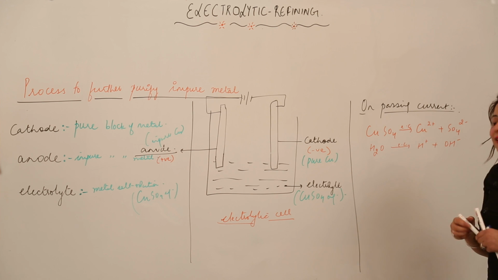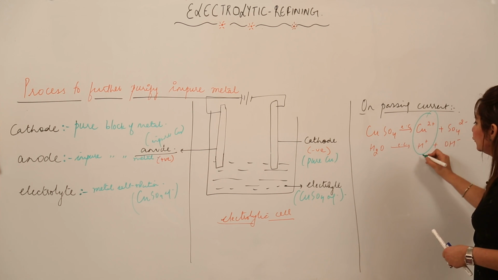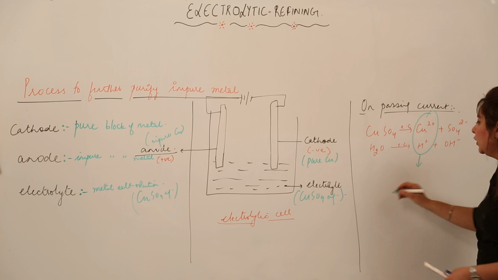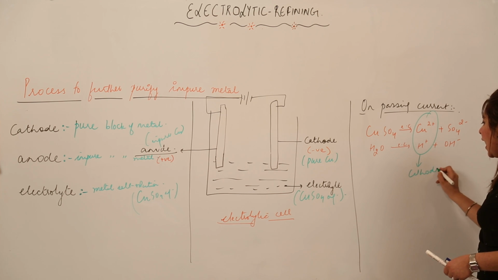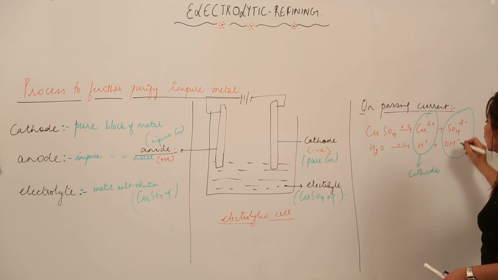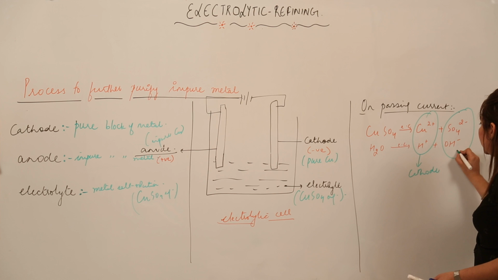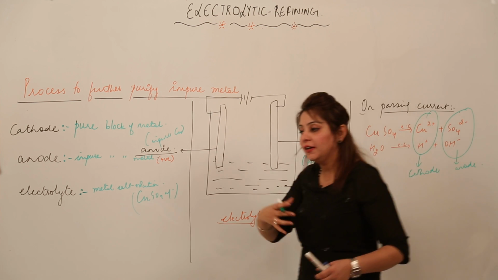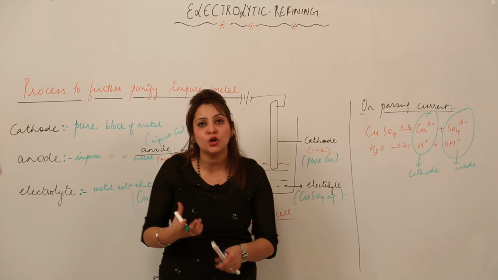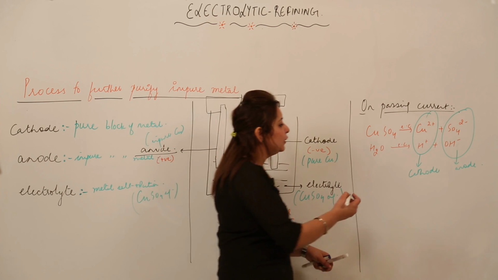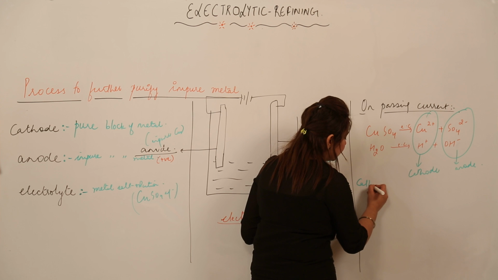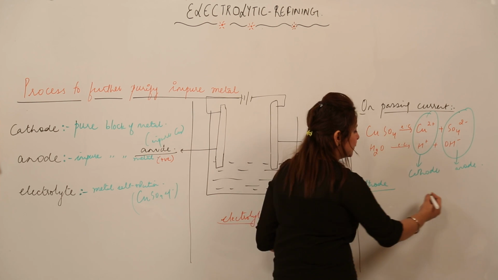Now as you know, the positively charged ions move to the negatively charged pole, that is the cathode, and the negatively charged ones move to the positively charged pole, that is the anode. There they perform their basic reactions of oxidation and reduction. So what kind of reaction do we see at the cathode, and what kind at the anode?